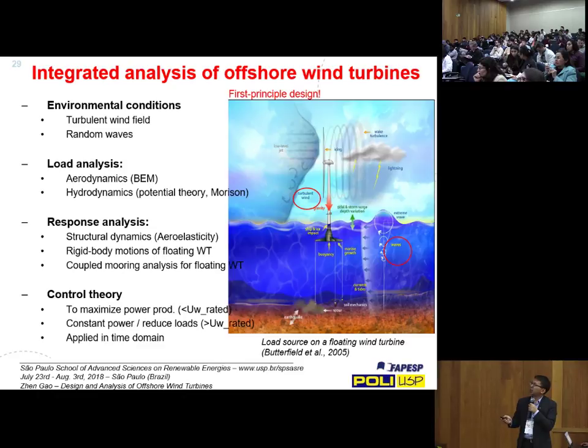And then in waves, you have also irregular waves. You have to consider random seas. And then, of course, they act on the turbine simultaneously. So you have to look at the responses simultaneously, looking at the wind loads, wave loads, and also the motion of the structure, because the load has to be applied at the displaced position of the structure.